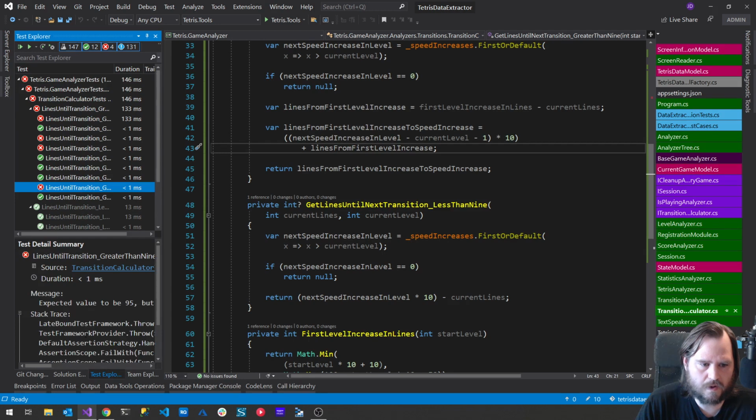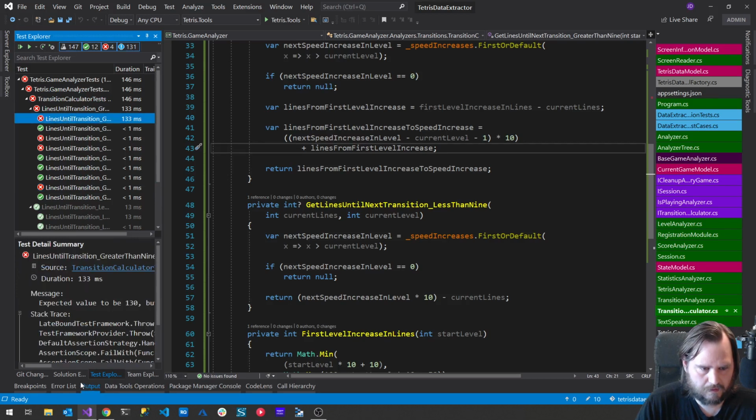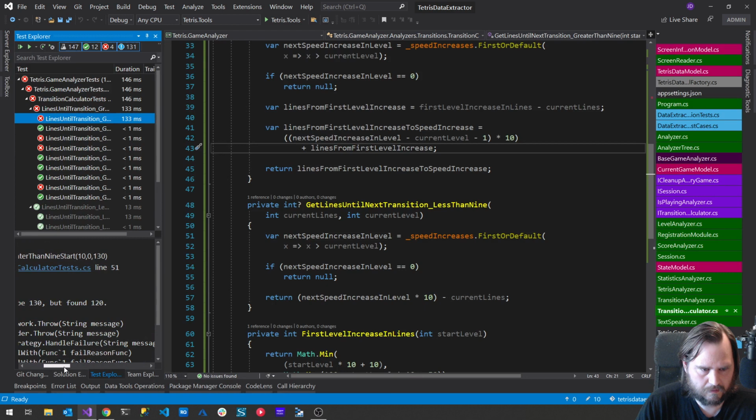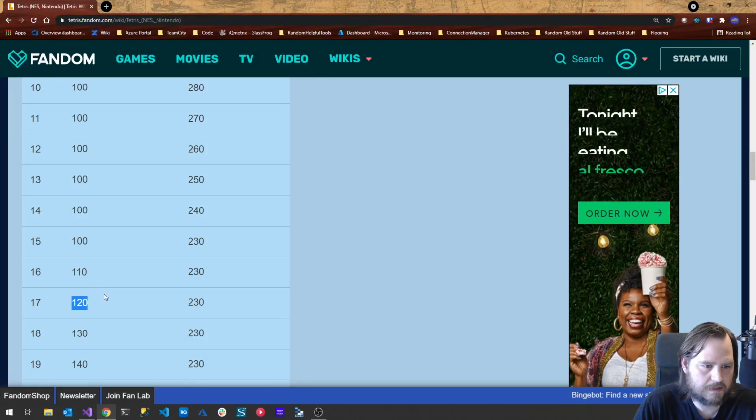Interesting. So in what cases did it fail? Found 120. If you start at level 10, how many lines until your speed increases?